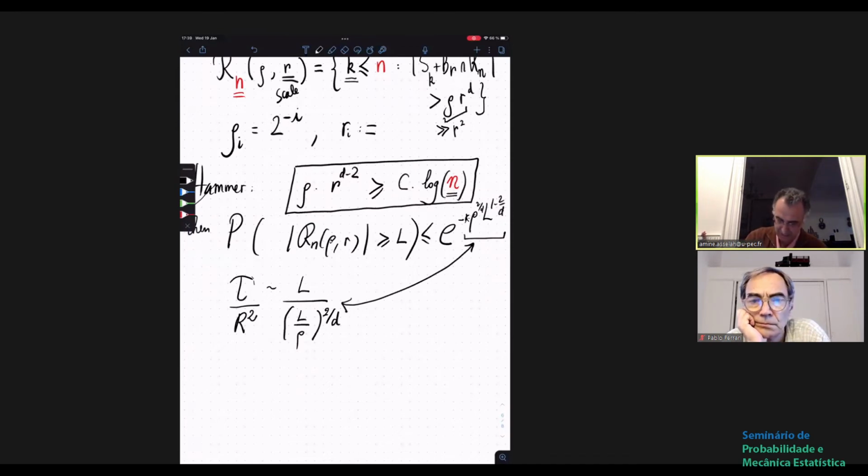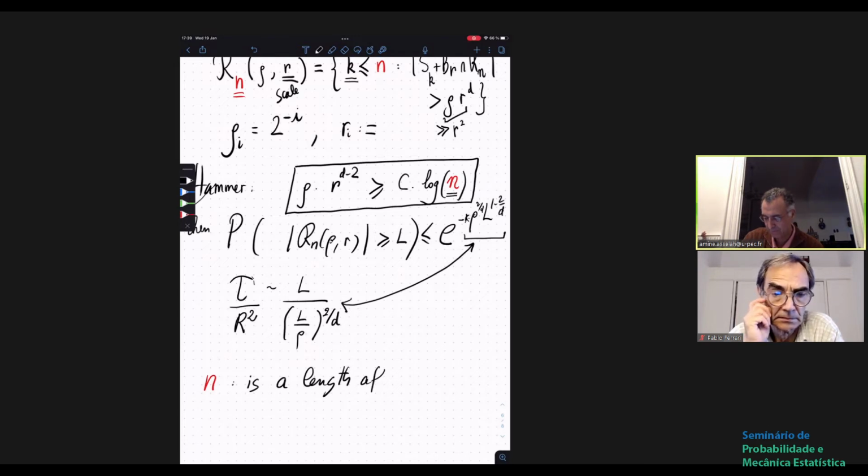So n is actually going to be very large in the first step. It is a length or a time after which two random walks cannot meet in my large deviation scale.